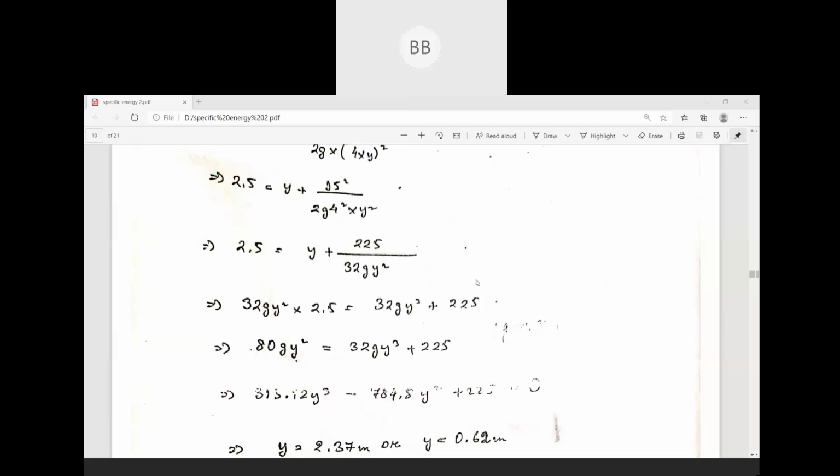You all are getting the same values, 2.37 and 0.62.